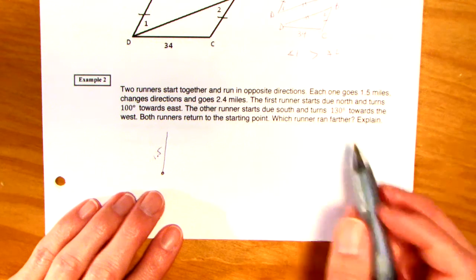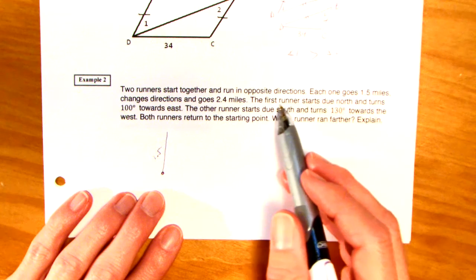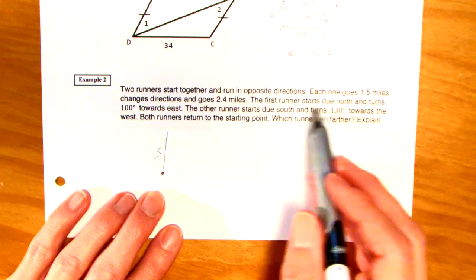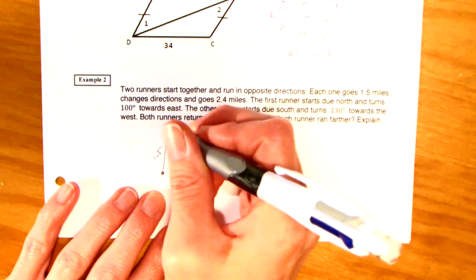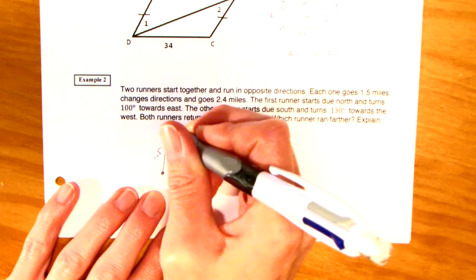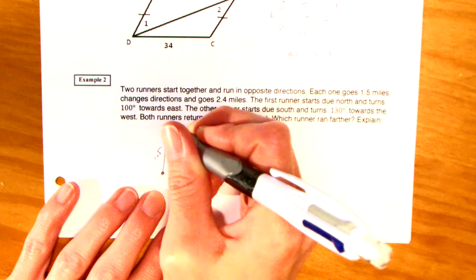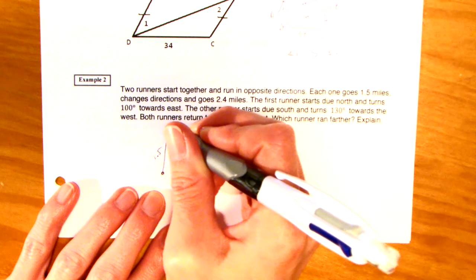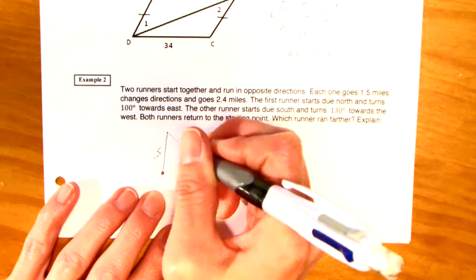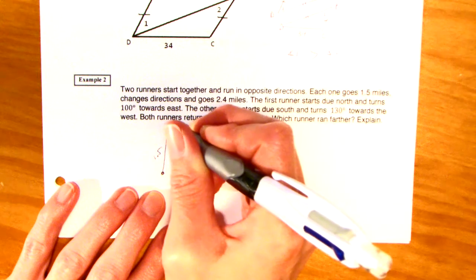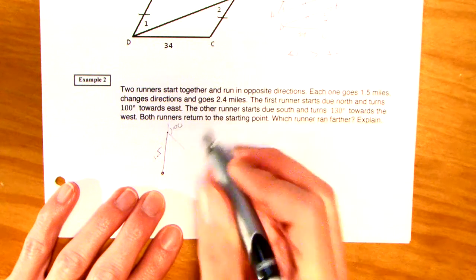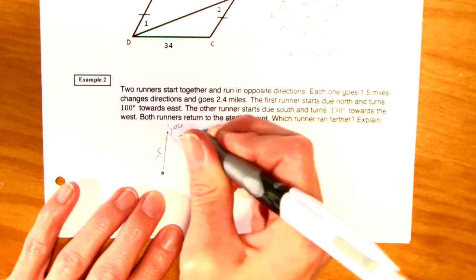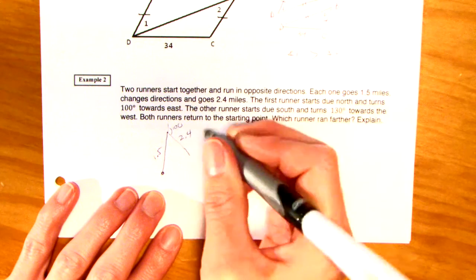And then he or she turns 100 degrees. 90 would be straight across, 100 would be like this. So here's 100 degrees. And then they went 2.4 miles. Obviously, this is not to scale.